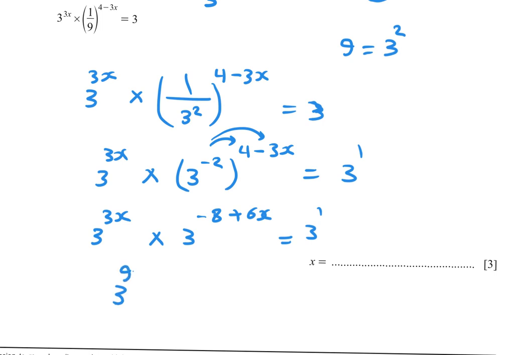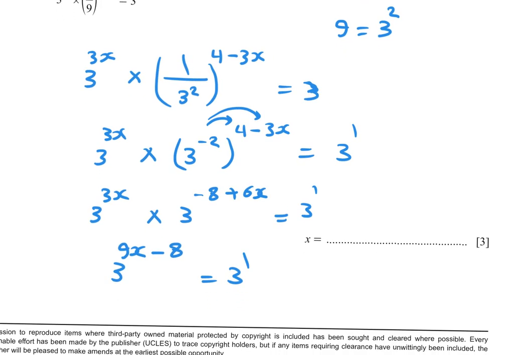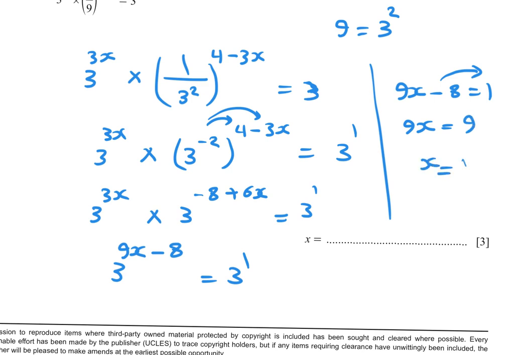So 3 power 9x minus 8 equals 3 power 1. So base equal base, then power equal power. So 9x minus 8 equals 1. So 9x equals, transpose negative 8 to the other side as positive, so 9. Divide by 9, so x equals 1.